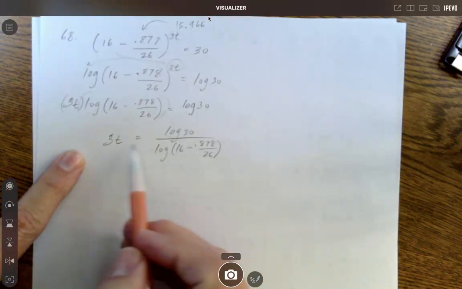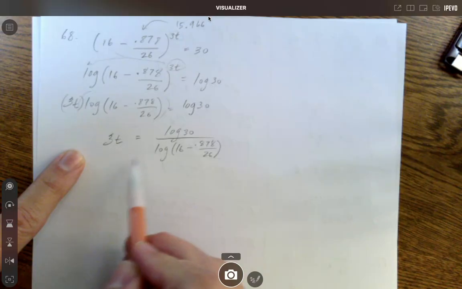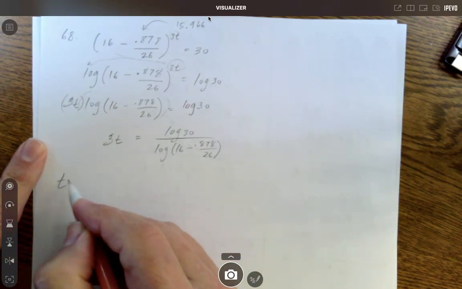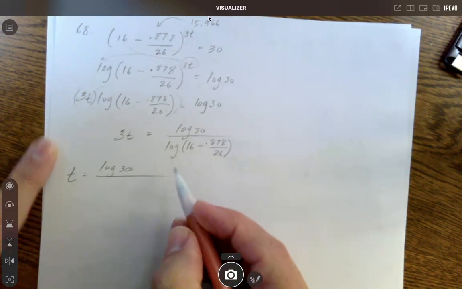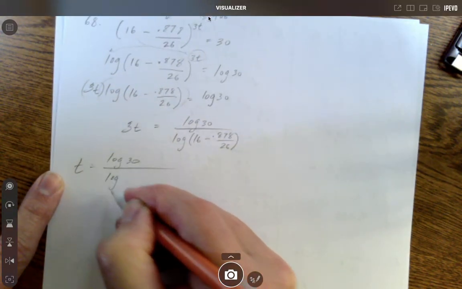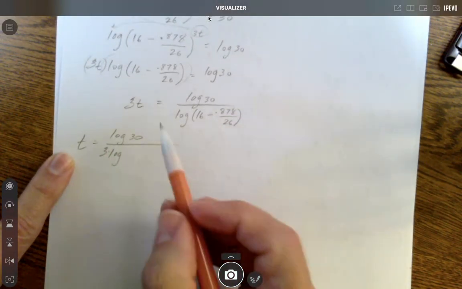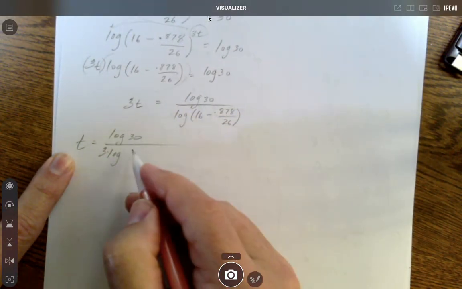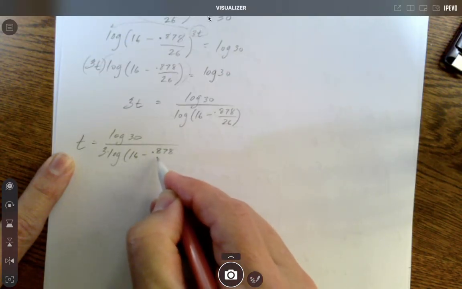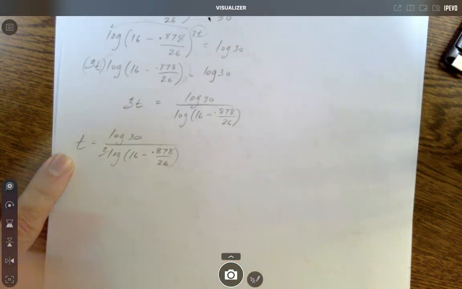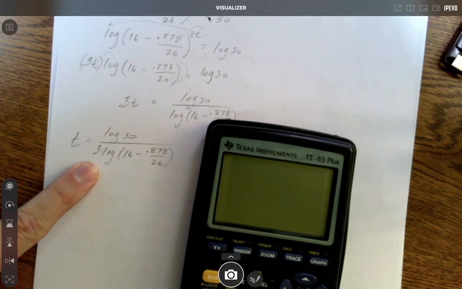And then I could just divide both sides by 3, which is just going to put the 3 down here with the log. So that'll be t equals log of 30 over 3 times the log of this. So let's see what this approximates.